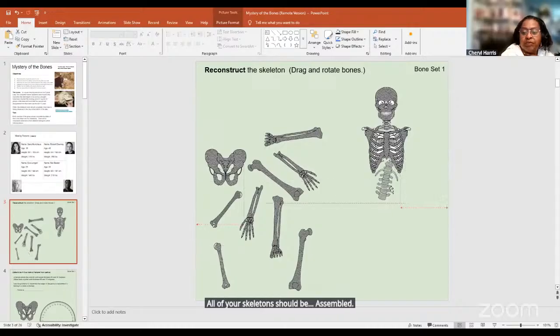Sometimes you have to, whoops, rotate a little. Where's the rotatey thing? Come on, we want to rotate. There it is up there. Okay, rotate it first, and then you can put it into place.